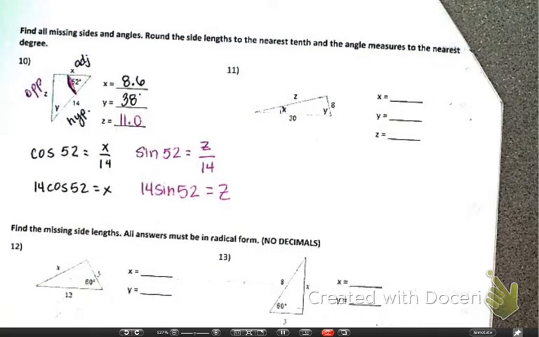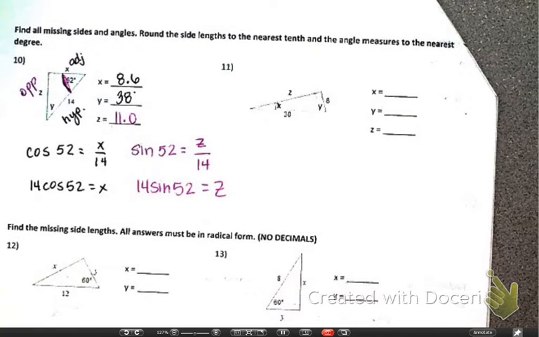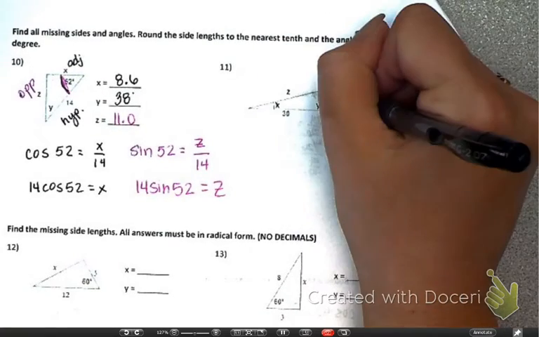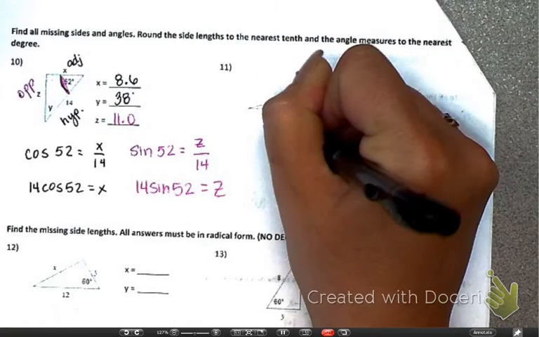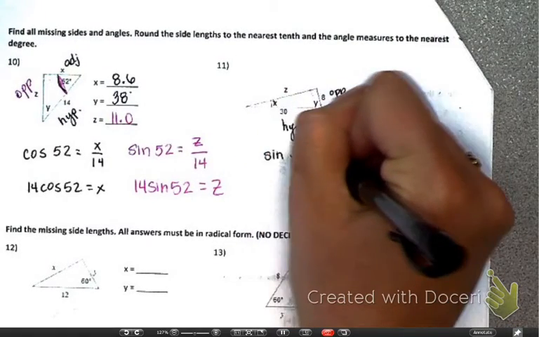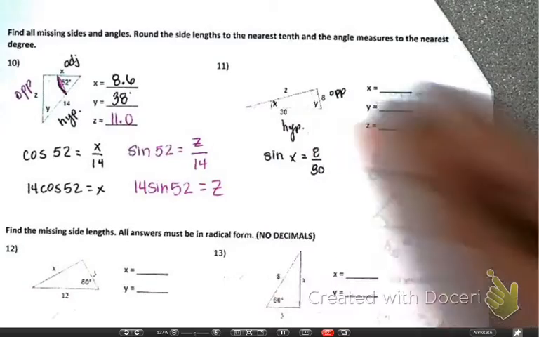Okay, number 11. What do you want to solve for first? X? Okay. So x is an angle. In order for me to solve for that angle, I need two sides, and I happen to have the opposite side and the hypotenuse, which is sine. So the sine of x equals the opposite over the hypotenuse.